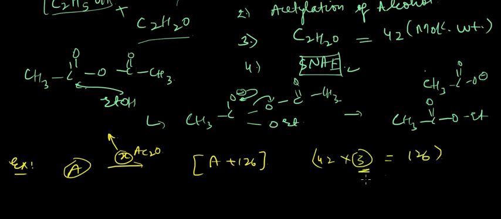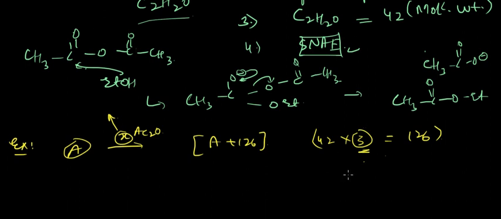In short, this means that the alcohol reacted with 3 moles of anhydride to form this compound, in which the molecular weight of the overall compound is 126 higher than the original weight. So you can say that X is 3.